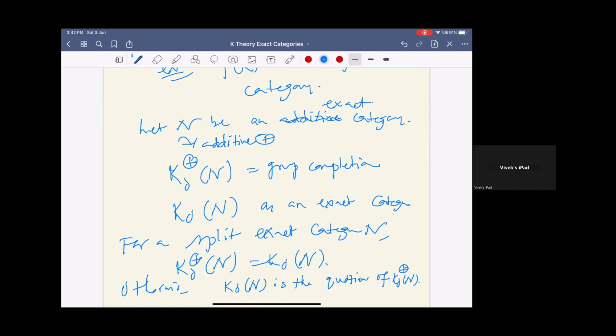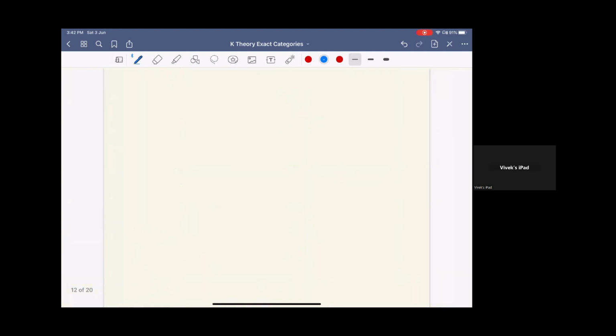But in an exact category, whenever there is a short exact sequence which is not split, then maybe you can get a larger K group. And I think this is also a very good exercise in scheme theory.